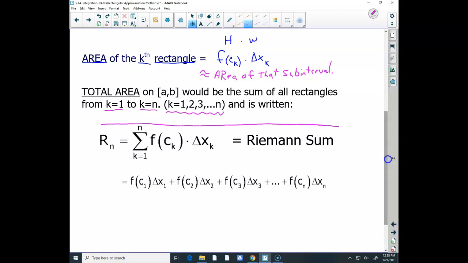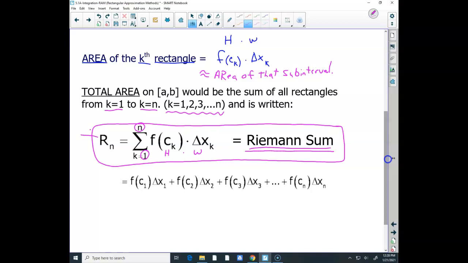It's written in our sigma or summation notation, which means if I took the height times the width of each rectangle starting from the first rectangle going to the last rectangle, and I added them all together, that is what a Riemann sum does.